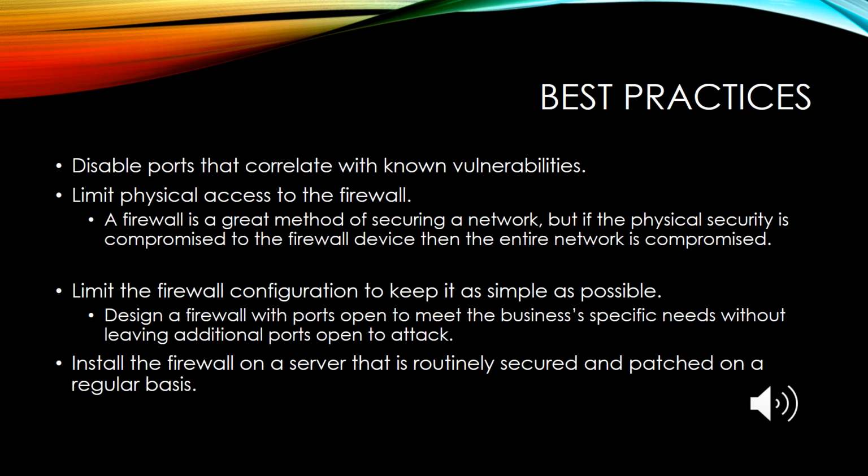It's also a good idea to disable any ports that are in line with any known vulnerabilities. There are typically lists of common attack vectors that might show up on your router.